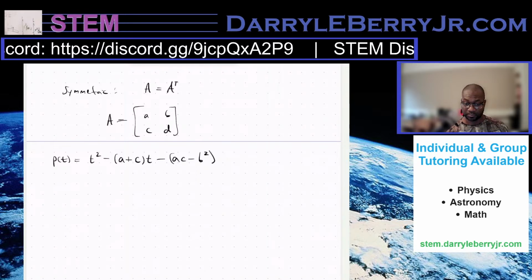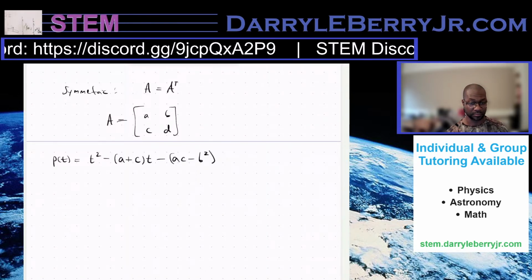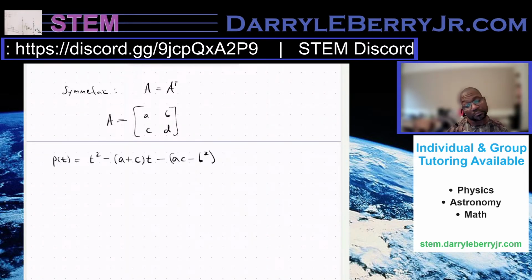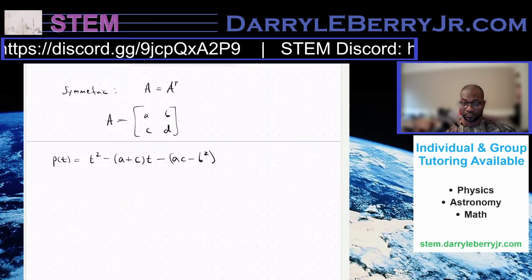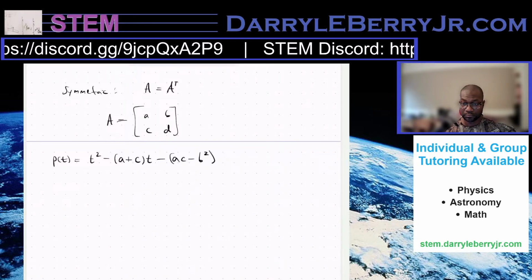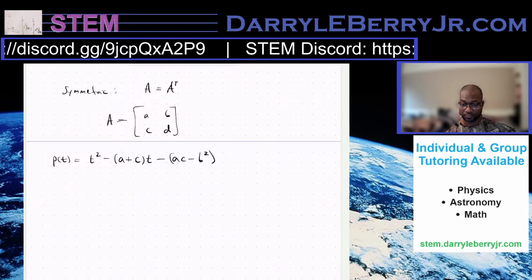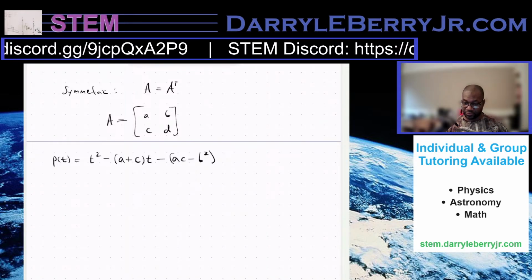This is from the first section in this chapter. Let A be a square matrix.